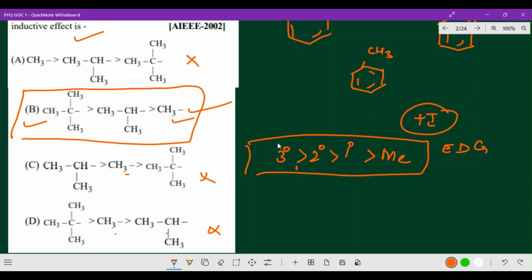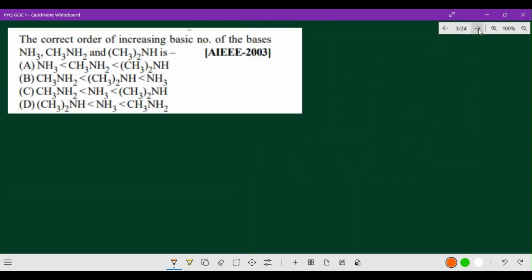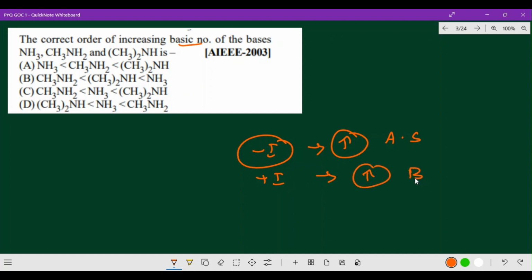Now let us discuss the next question. The correct order of increasing basic strength of the bases: NH3, CH3NH2 and (CH3)2NH. Usually the minus I effect increases acidic strength, but the plus I effect increases basic strength.